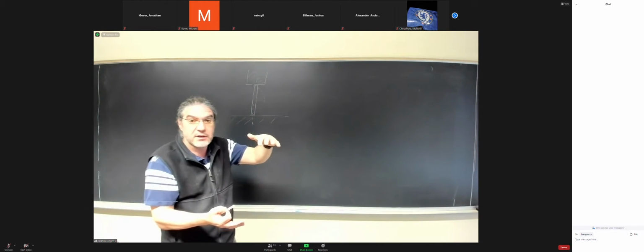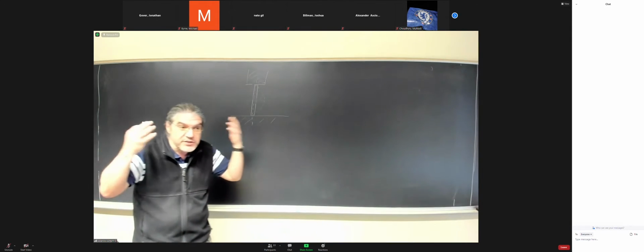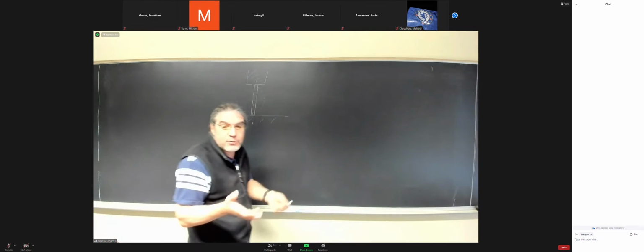But the state of the rod, its shape, in this case, is not symmetric. So that symmetry is broken spontaneously. It's broken by some extremely small fluctuations, right?